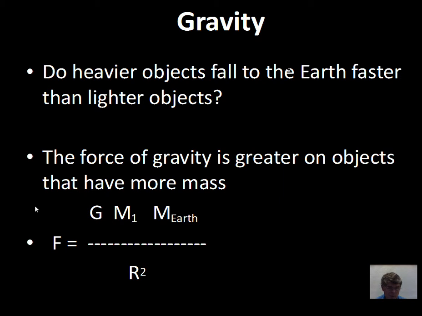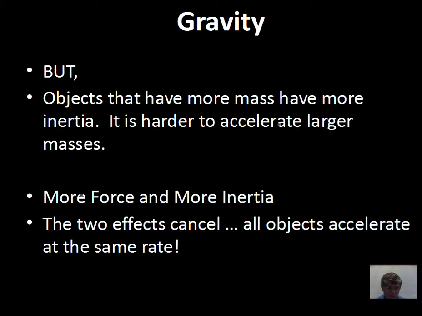Will it fall faster? Well, there's something else to consider. These objects, as they're being accelerated, have inertia. And we talked about how an object that has more mass has more inertia. It's harder to accelerate. So look at this. We've got more force if the object has 3 times the mass, but it has 3 times more inertia, and the two effects cancel out.